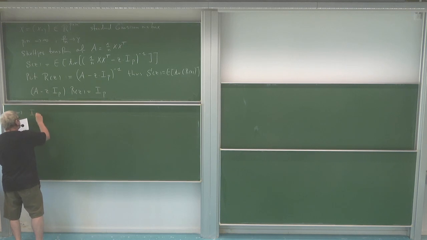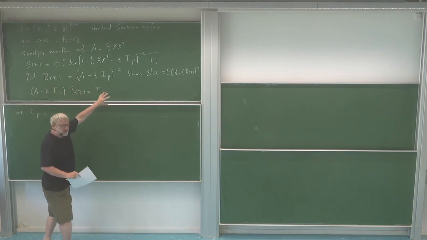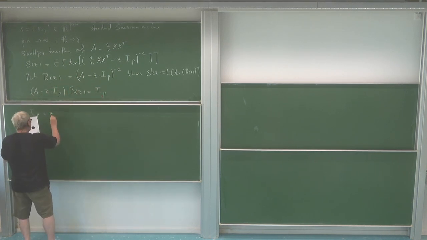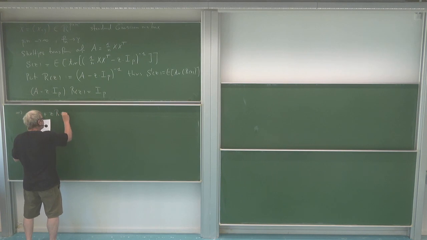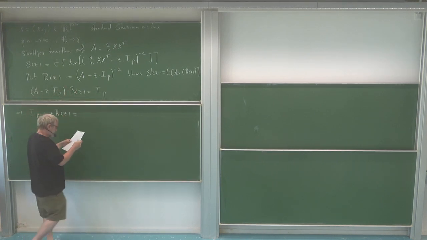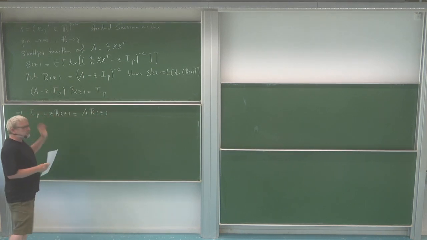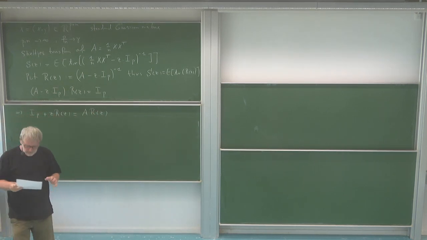So the identity plus, and then here I get Z times the resolvent. Let me bring this on the other side, which is now this side. Z times R of Z. So this is A times R of Z. Okay, so this is just writing down the relation between A and the resolvent.